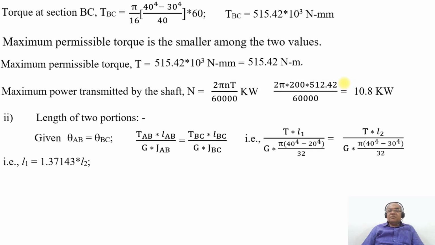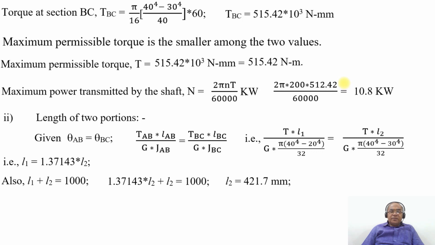So G gets cancelled. On further simplification, L1 will be equal to 1.37143 into L2. Also we know that L1 plus L2 will be equal to 1000. So 1.37143 into L2 plus L2 will be equal to 1000.